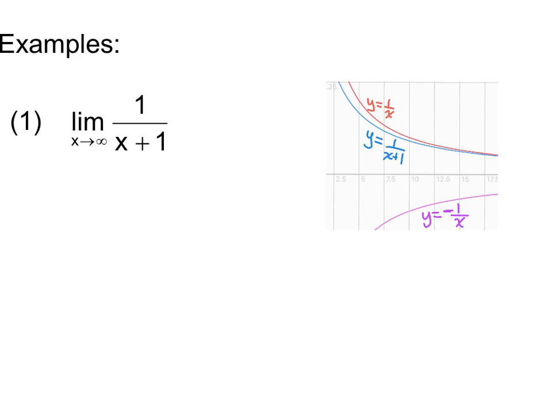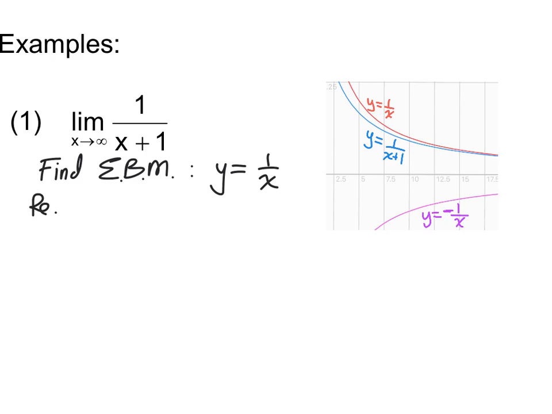what we do first is find the end behavior model. All right. So in this case, it's y equals 1 over x. And then you also want the negation of the end behavior model.